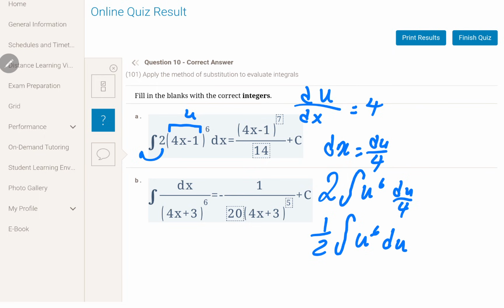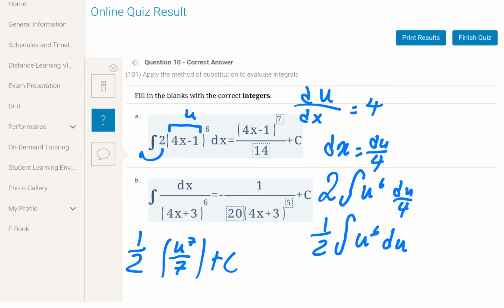Now you add 1 to the power, so half the integral of u to the power of 7 over 7, plus c. Now you do 1 over 2 divided by 7, which gives you 7 over 2? No, it's not correct.